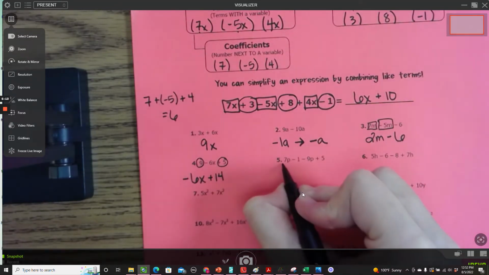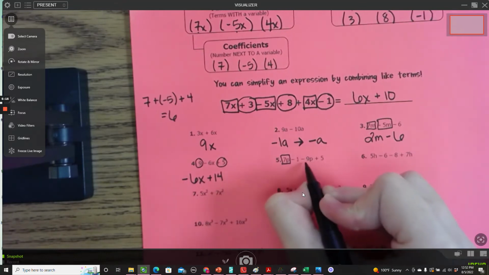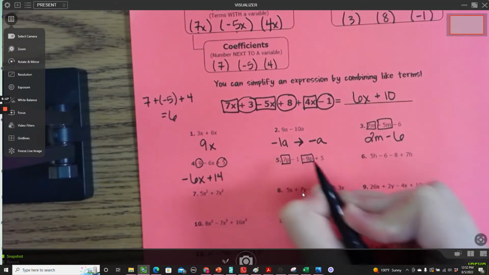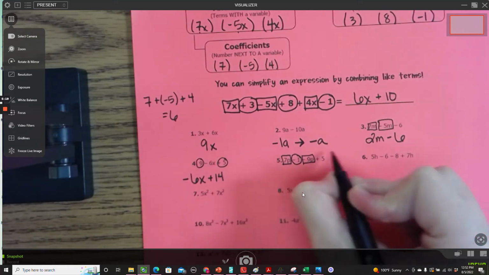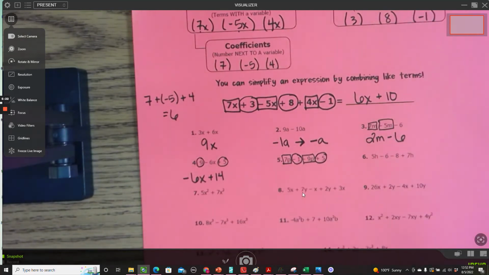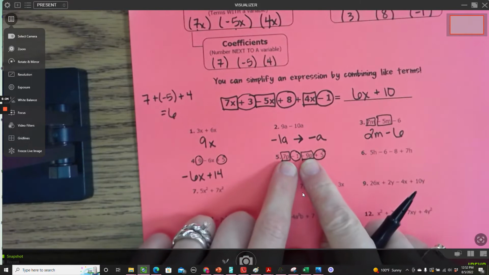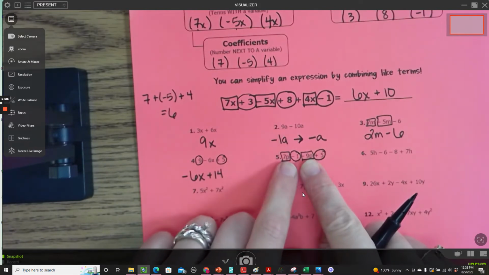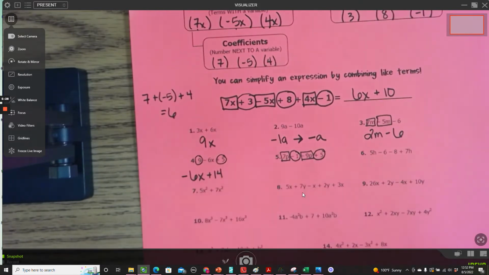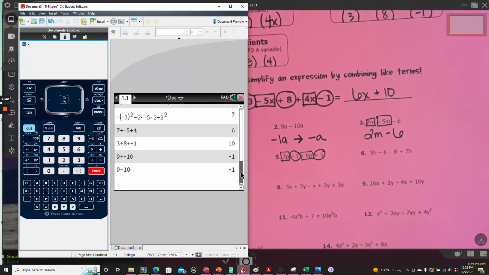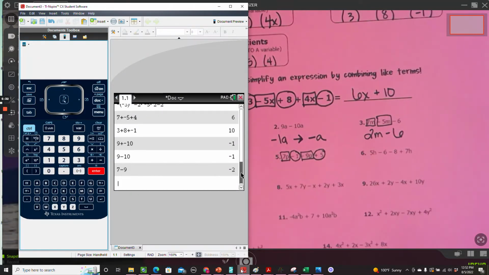All right, number 5, like terms, 7p and negative 9p, and then negative 1 and positive 5. So variables first, variable terms, 7p minus 9p. So I can do 7 minus 9. Again, you can do 7 plus a negative 9. It's the same thing.